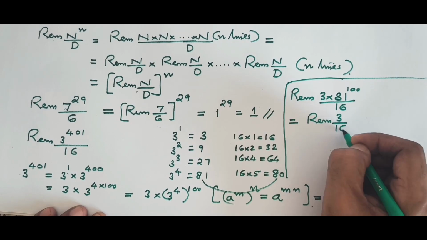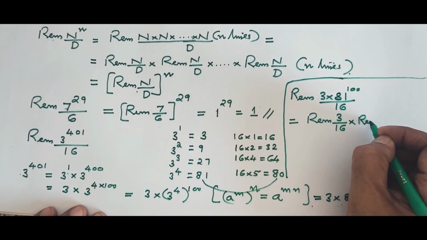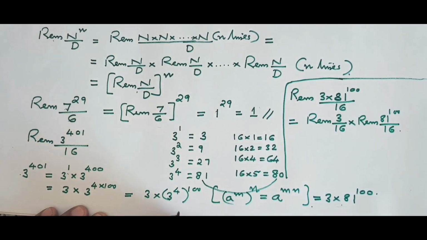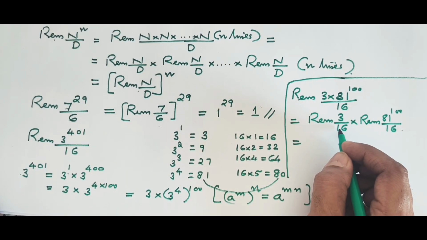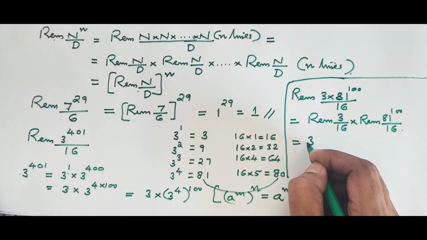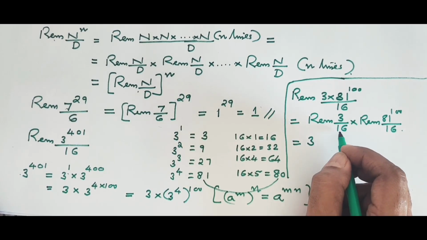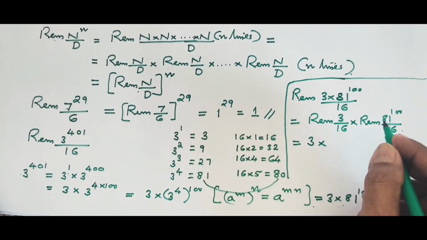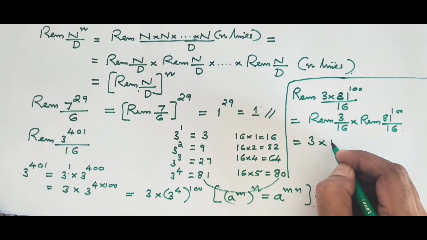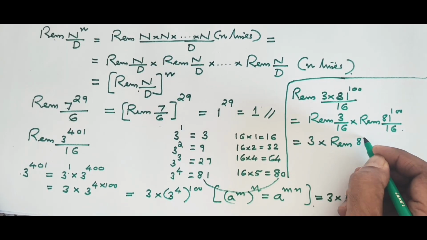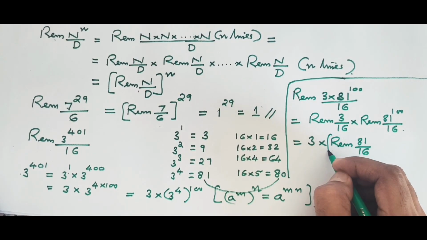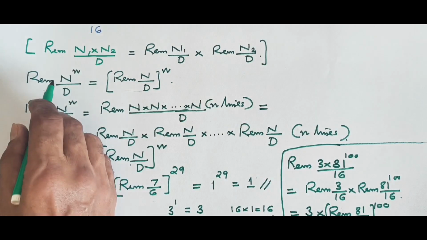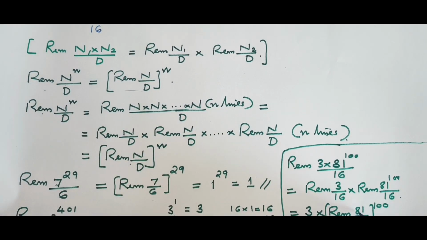Remainder of 3 when divided by 16 multiplied by remainder of 81 to the power of 100 divided by 16. Remainder of 3 when divided by 16 is just 3 itself. Remainder of any number when divided by a bigger number is the smaller number itself, multiplied by this one. This one you can write like this: 81 when divided by 16, the whole to the power of 100. We are making use of this result here, from here to here.